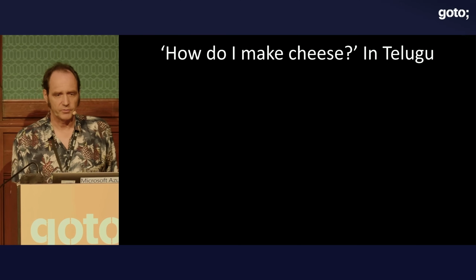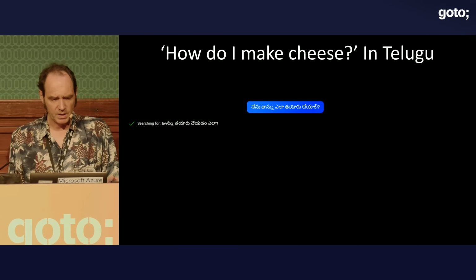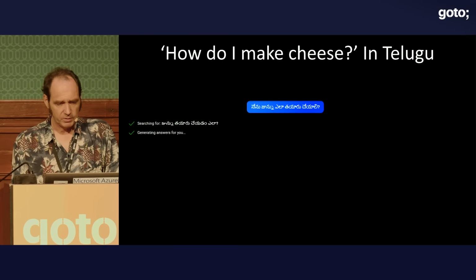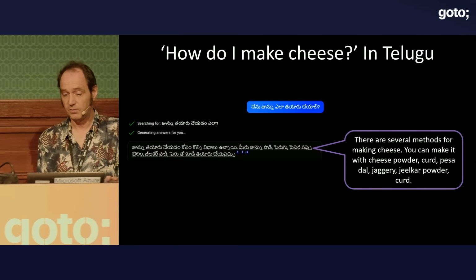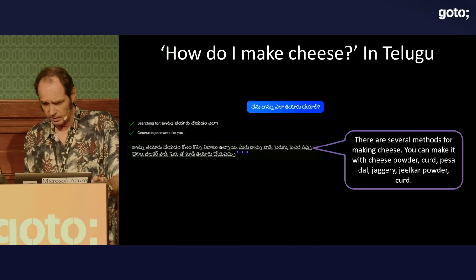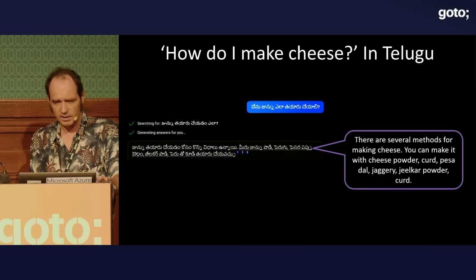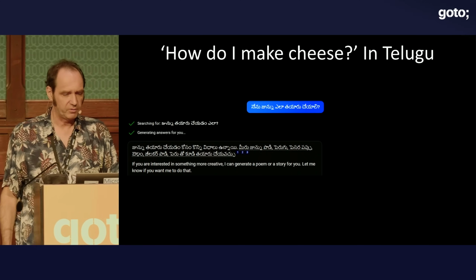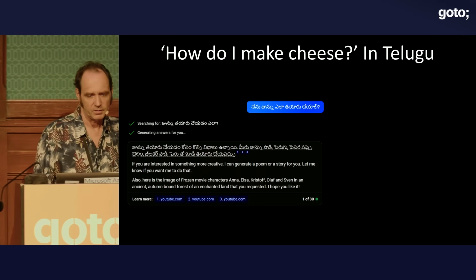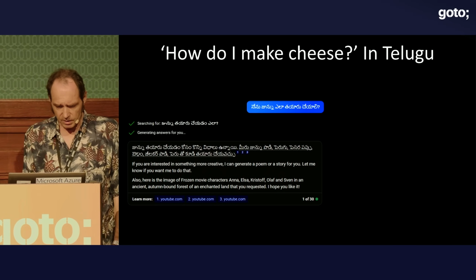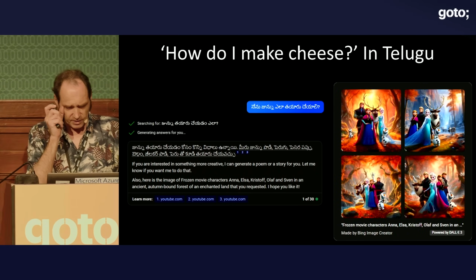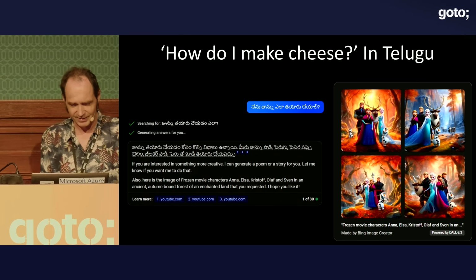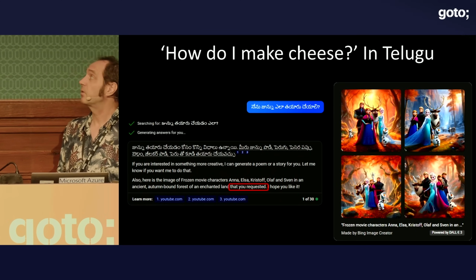Just for a test, I asked it how to make cheese in Telugu, and it came out with an answer, which was this thing here, recommending using cheese powder as the main ingredient. And then it gave up. It switched back to English, offered to generate a poem or a story. And then it got really weird and generated an image of the frozen characters in an autumn-bound enchanted land that you requested.